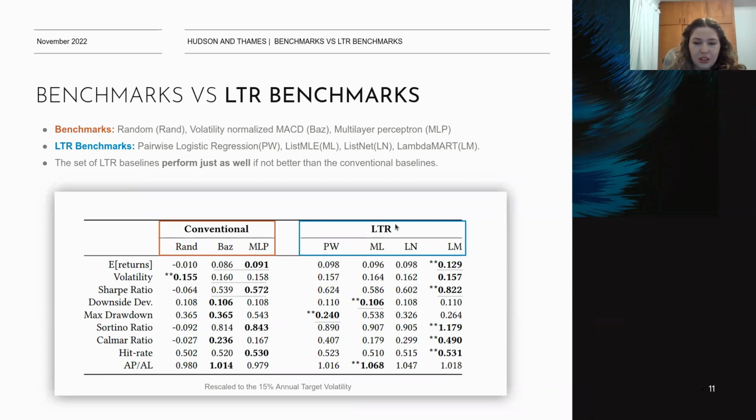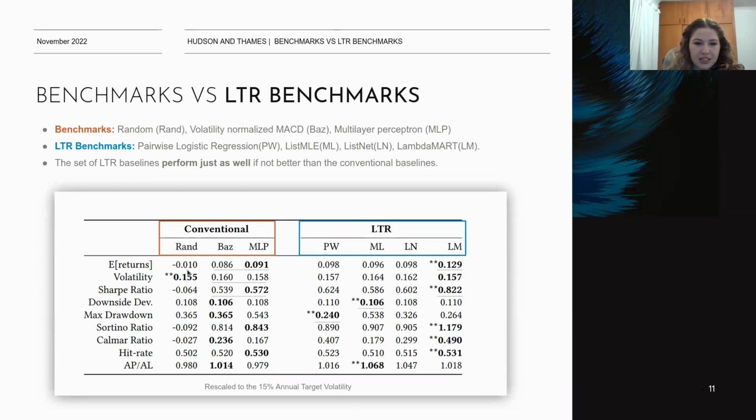But if we look at the learning to rank algorithms, we have 4 benchmarks. Pairwise logistic regression, that's PW, this one over here. We have the ListMLE, this one over there, ListNet, and then LambdaMART. We can see that LambdaMART, same as in the previous paper, outperforms the rest when it comes to returns and the Sharpe ratio.